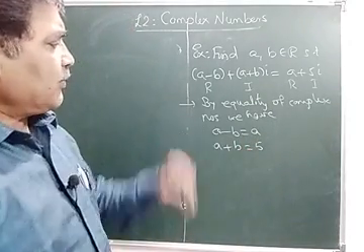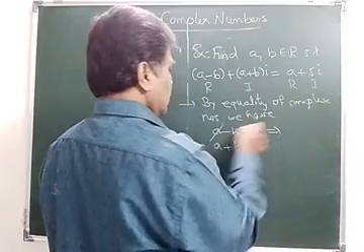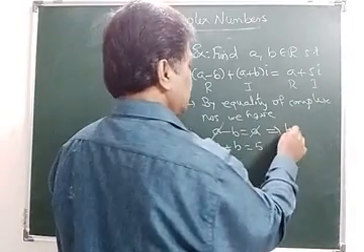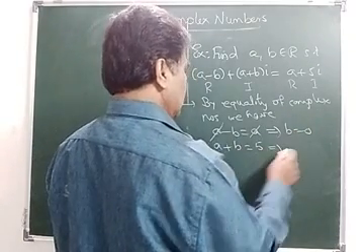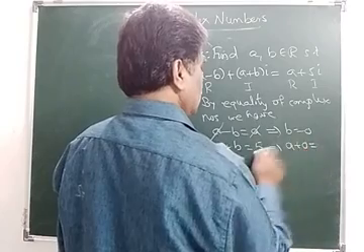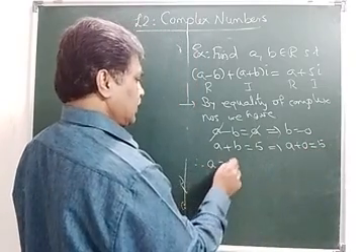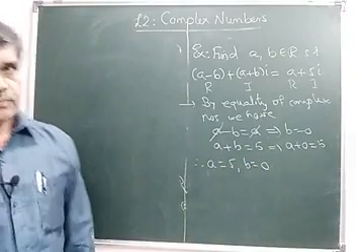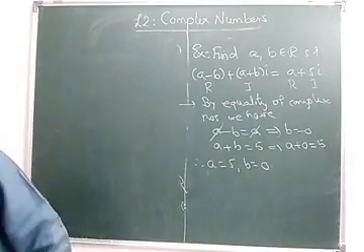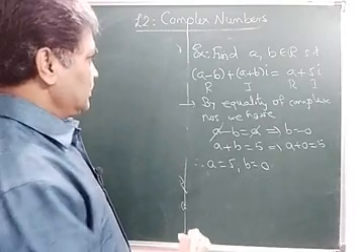Now to solve these two equations, in the first equation, adding minus a on both sides, we get b equal to 0. Substituting b equal to 0 here, a plus 0 is equal to 5, and therefore a is equal to 5, b is equal to 0. This is the way of finding real numbers for such equations.